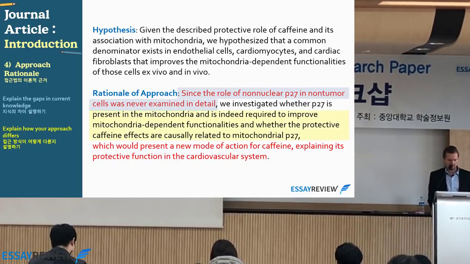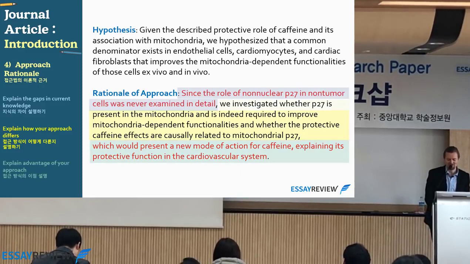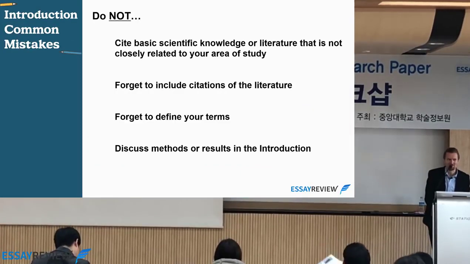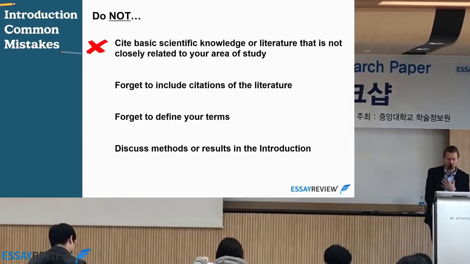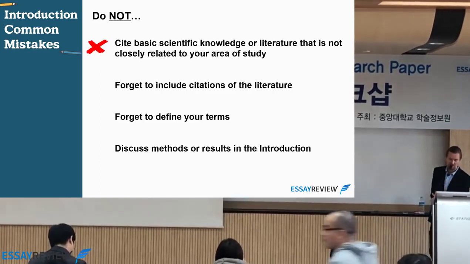All right, there are some mistakes that many authors make in the introduction. Citing basic scientific knowledge. That's really annoying as a reader. And I'm a generalist reader, right? I'm not a biologist, I'm not a chemist.